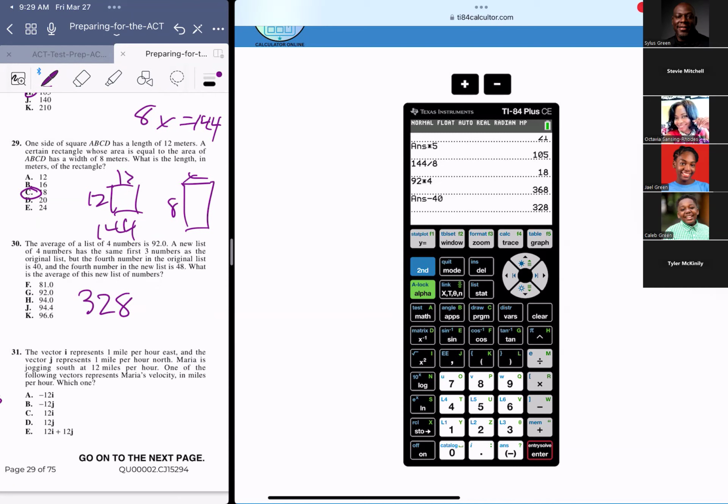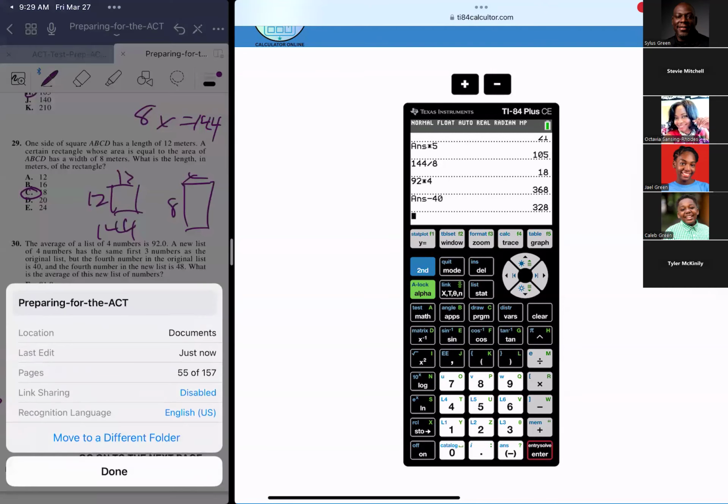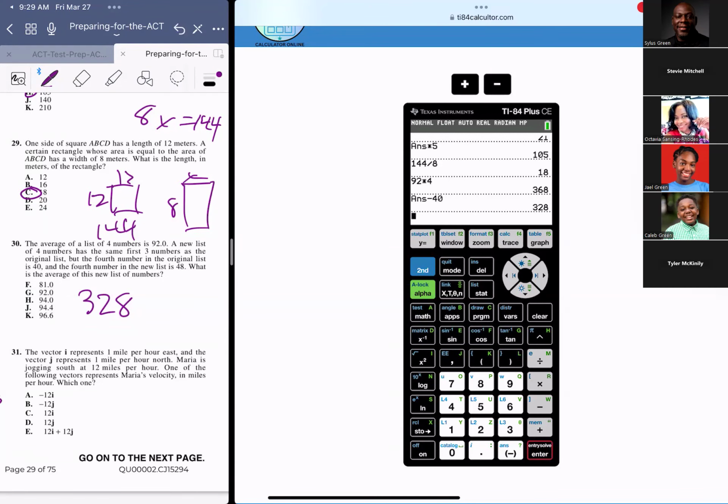So now we removed 40 from the total sum that the numbers had to be. And instead of 40, we're going to add 48. So we're replacing a number. And 328 plus 48, that's 376. And now we're going to divide that by 4 because we replaced 40 with 48. That's 94. So the answer for this one is 94.